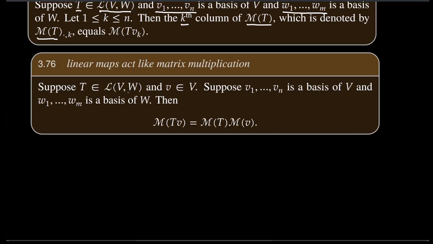That is, if you take a linear map T from V to W and some vector v in V, then for v1 through vn a basis of V and w1 through wm a basis of W, the matrix of Tv with respect to the basis w1 through wm, since this is a vector in W, is equal to the matrix of T with respect to these two bases times the matrix of v with respect to this basis v1 through vn of V. Okay, so notice we're suppressing all the bases that each of these things depend on, but they are implicitly present. Okay, let's prove this.